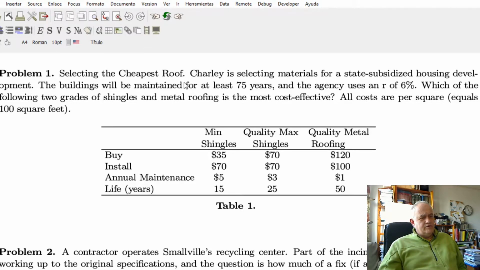We have a person who is selecting materials for roofing his house. He's choosing among different alternatives, and there are three alternatives here.